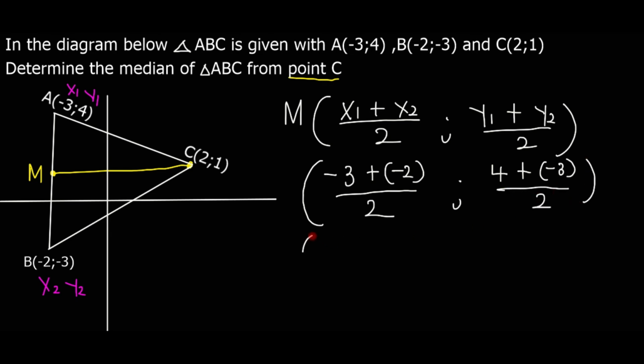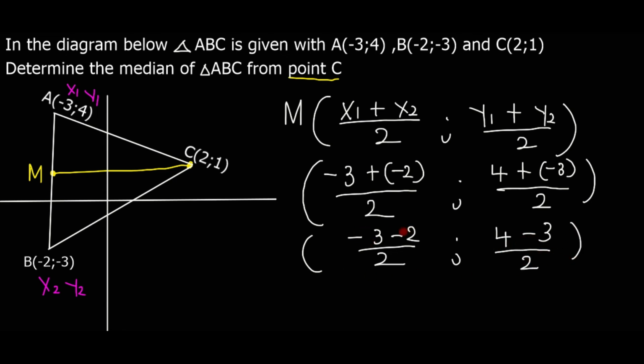So from there, this is the same as minus 3 minus 2 over 2, and then 4 minus 3 over 2.